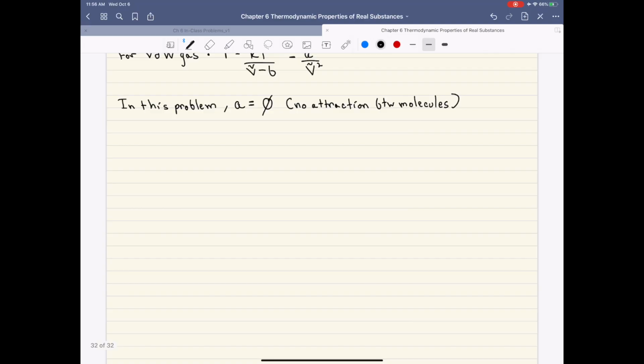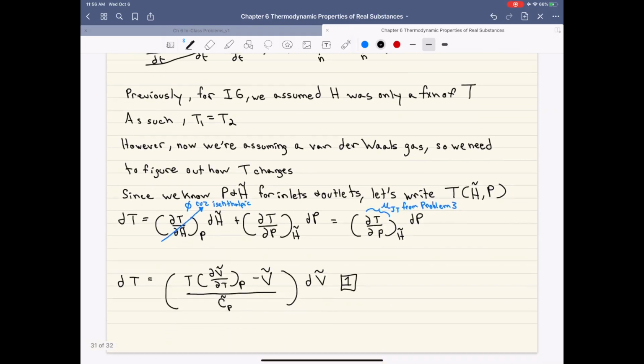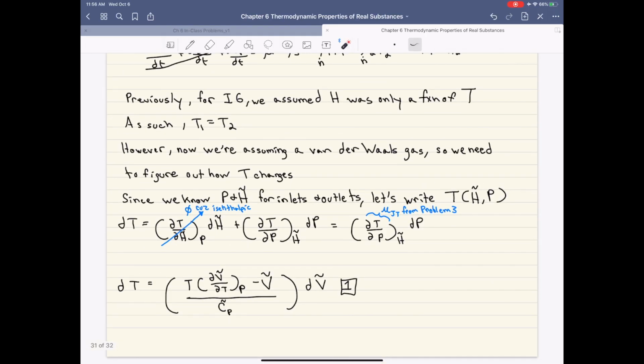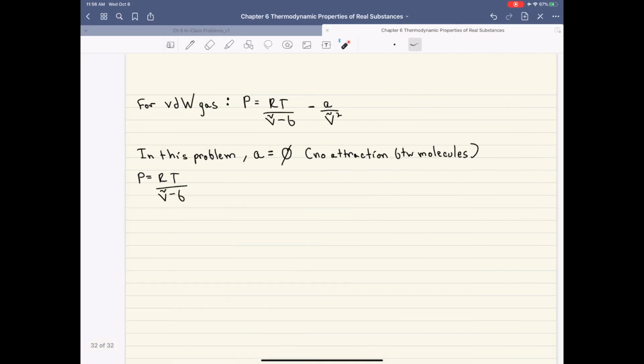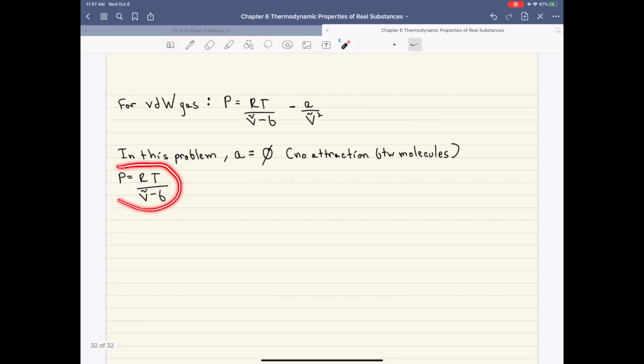In any case, if our A is equal to 0, then our van der Waals gas equation of state simplifies down to this. If we go back and take a look at our total derivative for temperature, we want to take the partial derivative of volume with respect to temperature at constant P. Right now we have our equation as P is equal to stuff.